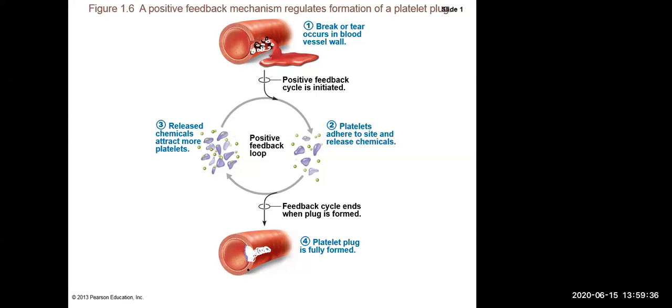Now, no more leakage. Again, negative feedback. Why not continue? Because if you continue and you don't apply negative feedback, then there will be platelets everywhere. Now, blood is not going to be able to flow back and forth. The pressure is going to get really messed up. You are blocking the flow, as you can imagine.